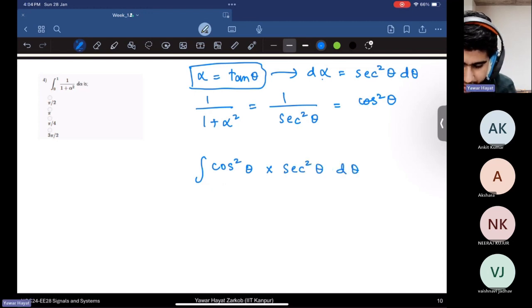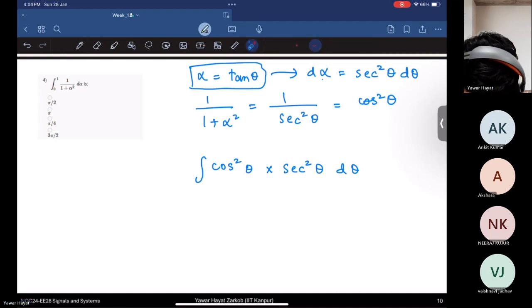Now for the limits 0 to 1. Let's start with 0. When alpha was 0, what should theta be?